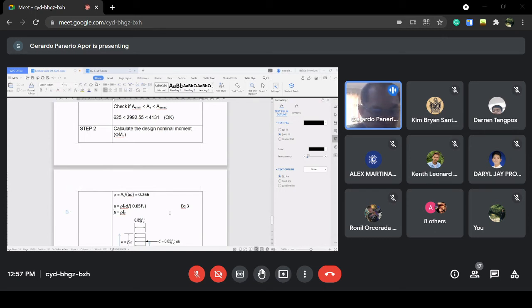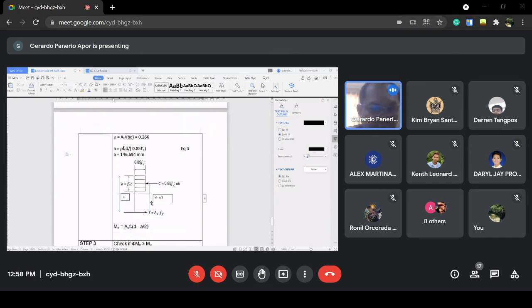I will multiply that by 250, which is the FY, times 450, which is the D, divided by 0.85, divided by 24. So my A here is 146.694 in mm. Okay, that is in mm.